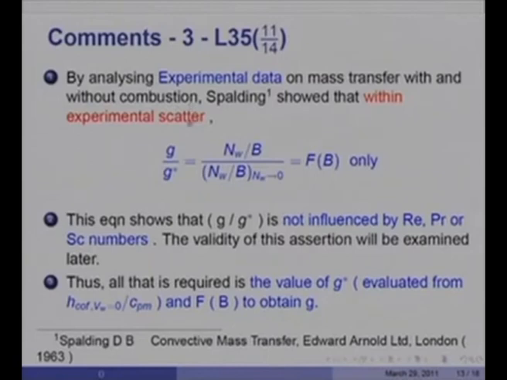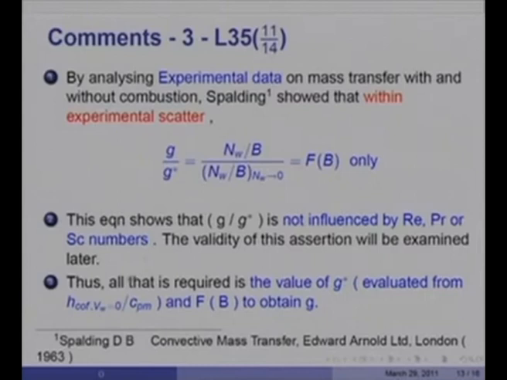It may be a problem of evaporation, condensation, or combustion. For all these problems for which experimental data were available, Spalding showed that within experimental scatter, say about plus or minus 10 to 15%, g by g star is a function of B only, which is a remarkable result, that this ratio should not be influenced by any quantity other than the driving force B. So it's independent of Reynolds, Prandtl, and Schmidt numbers.